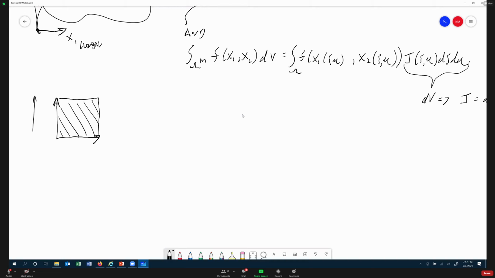So let's say this direction is C, and this is nu, and we're going to do some mapping. X2, X1. So we're going to get this.